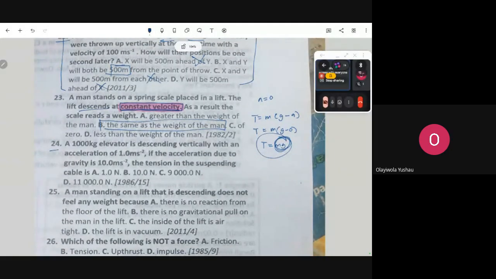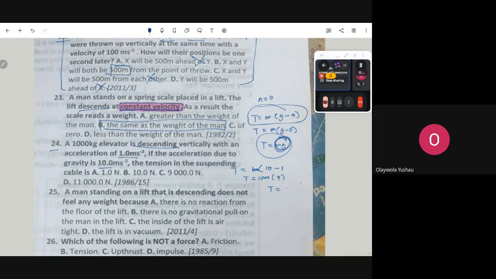Question 24. A 1,000 kilogram elevator is descending vertically with an acceleration of this. If the acceleration due to gravity is this, the tension in the suspension cable is what? This same formula again. T is equal to M, which is 1,000, into G, which is 10, minus A, which is 1. So T is equal to 1,000 times 10 minus 1, which is 9.